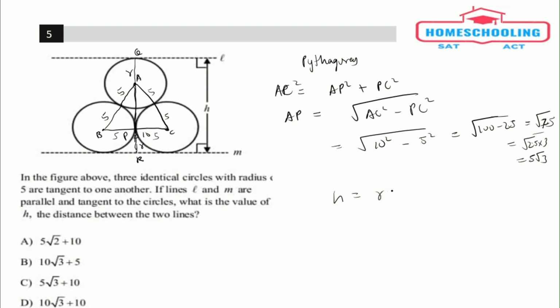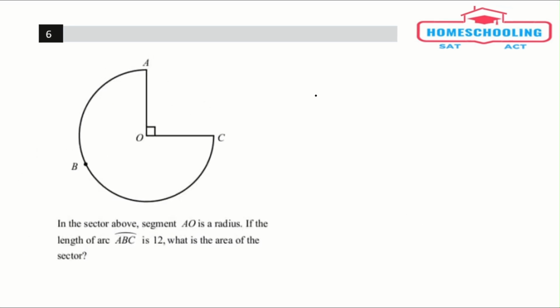So what we are going to get is R plus AP plus R. So 5 plus AP plus the radius 5. So it is going to be how much? 10 plus 5 root 3. So this is going to be your answer. This one is a tricky one. Now moving to the next question.